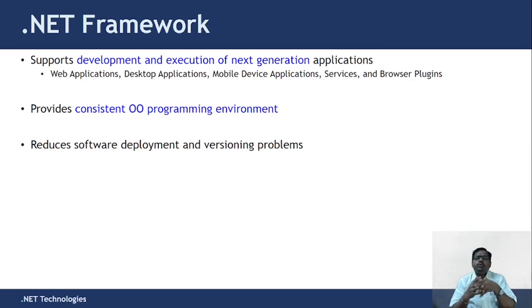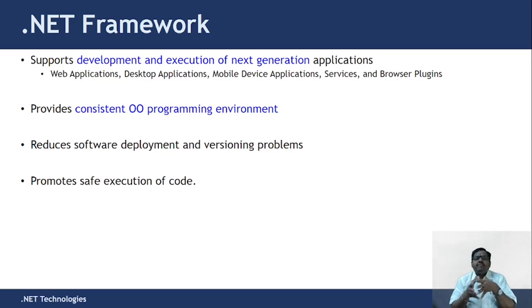The versioning of application is taken care of automatically in .NET. So the versioning problem is solved, and it also reduces the deployment process. You can easily deploy any application that is developed using .NET.